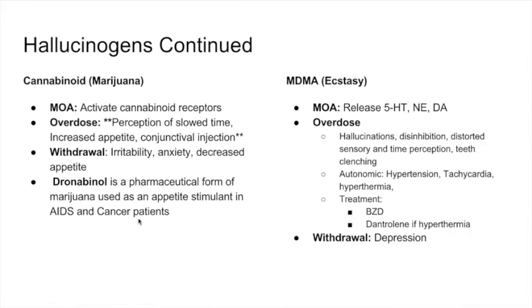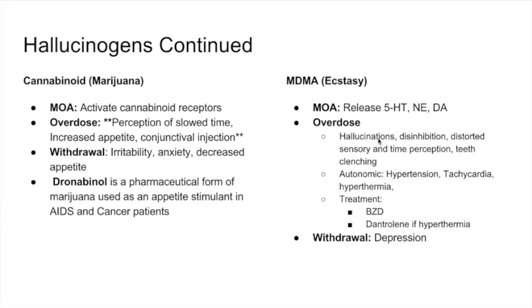The last hallucinogen we're going to talk about is MDMA or ecstasy. How it works is that it releases serotonin, norepinephrine, and dopamine. Overdose for MDMA, you get hallucinations, disinhibition, distorted sensory and time perception, and these are kind of similar to LSD.